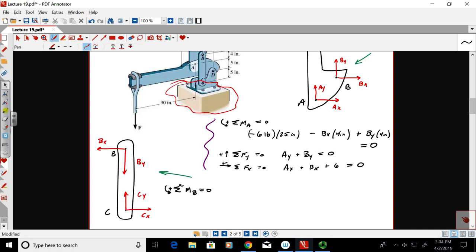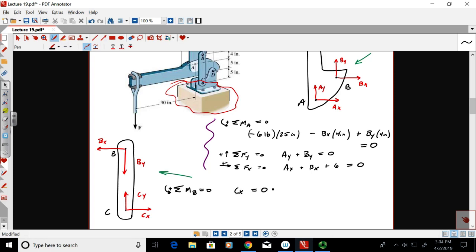If I say the sum of the moments about B equals 0, there's only one force that doesn't go through B. Obviously Bx and By go through B, but also Cy goes through B. There's only one force that doesn't go through B, Cx. So you know what that means? Cx equals 0.